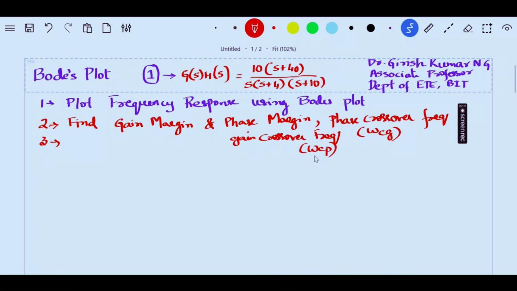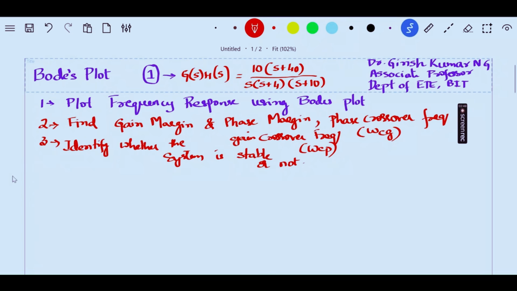So we are going to find the gain margin and phase margin, along with the phase crossover frequency and gain crossover frequency. After doing all these things, we are going to identify the stability of the system, whether the system is stable or not. So these are the three things which we are going to do for this given problem.